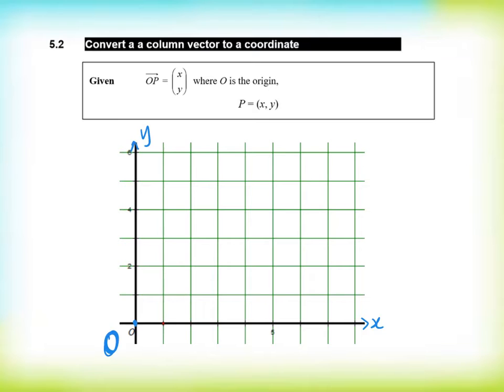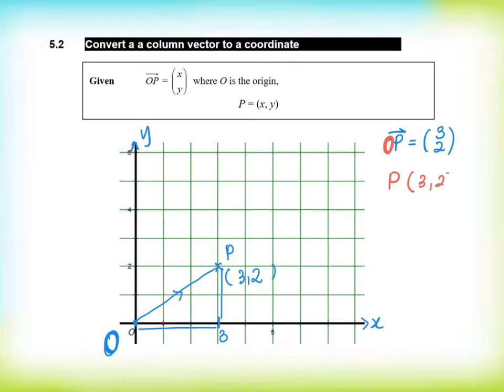So for example, if I give you vector OP as the column vector (3, 2), that means I will travel 3 units on the x-axis and 2 units on the y-axis to give me the vector OP. That means the coordinates of point P will be (3, 2). So immediately when I see the position vector from O, the origin, I will know that the point P is (3, 2).